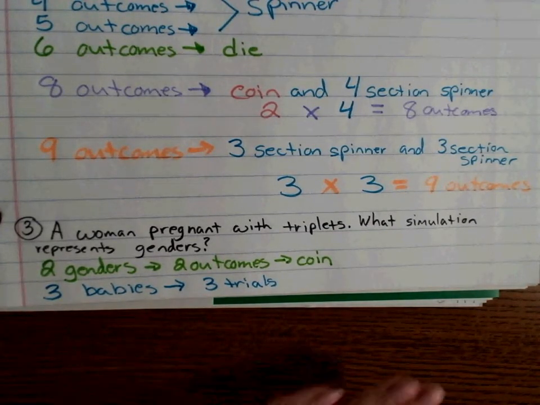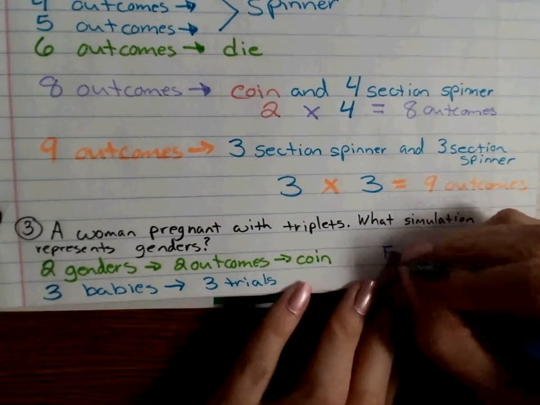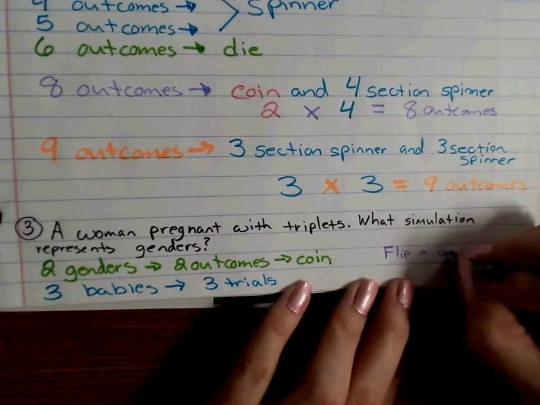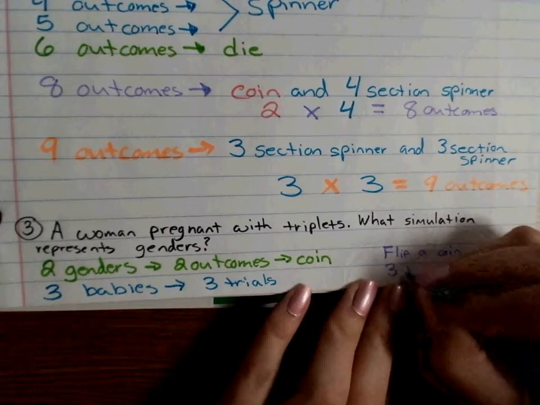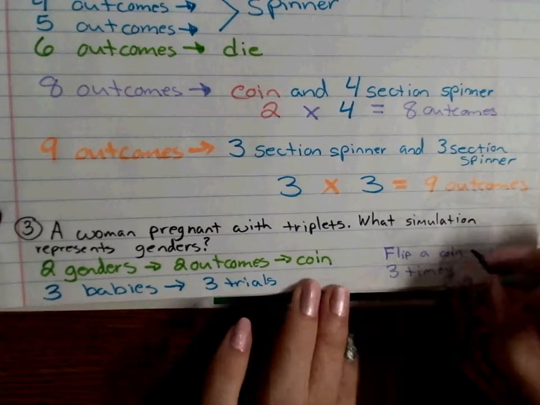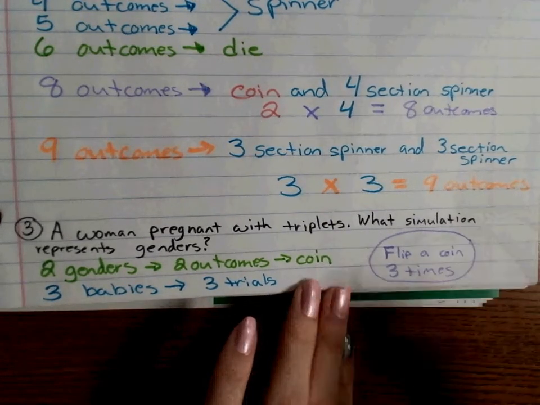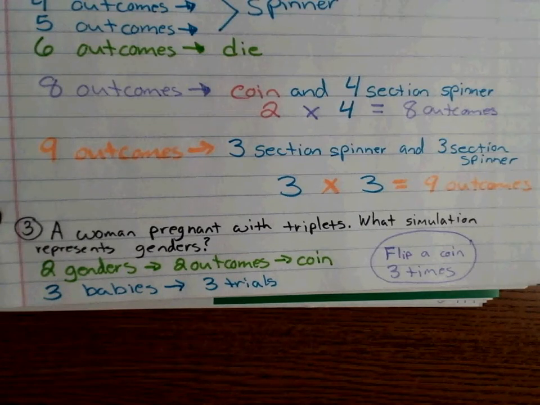So essentially, if you wanted to write it off to the side, you're going to flip a coin 3 times. Any questions?